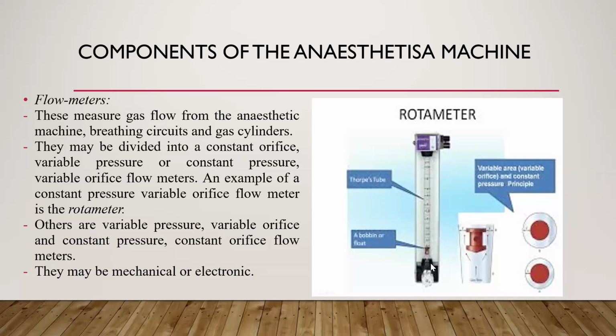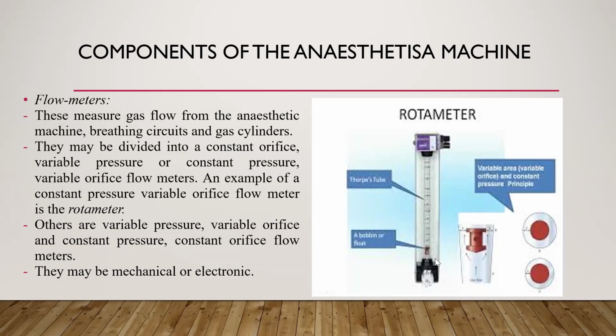I hope you guys still do physics in anesthesia. Those are courses we did. There's a book, Physics in Anesthesia. I hope you guys have access to read. The one we use most of the time on an anesthetic machine is called a rotameter. Rotameter is a trade name, and it's an example of a constant pressure variable orifice flow meter.